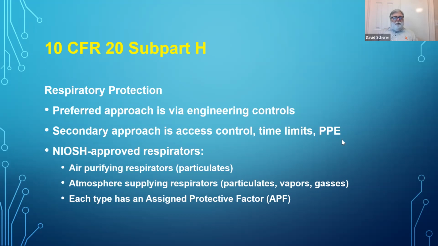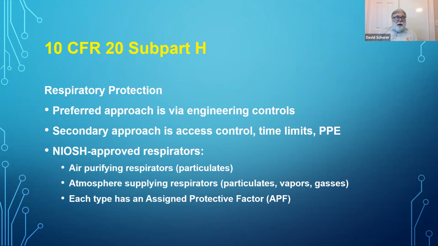There are a couple of different types of NIOSH approved respirators. NIOSH is the National Institute of Occupational Safety and Health. It's at CDC in Atlanta. One is air purifying respirators. They basically have filters. They're used for particulates. Typically, they're negative pressure respirators, you know, the Darth Vader kind of mask.